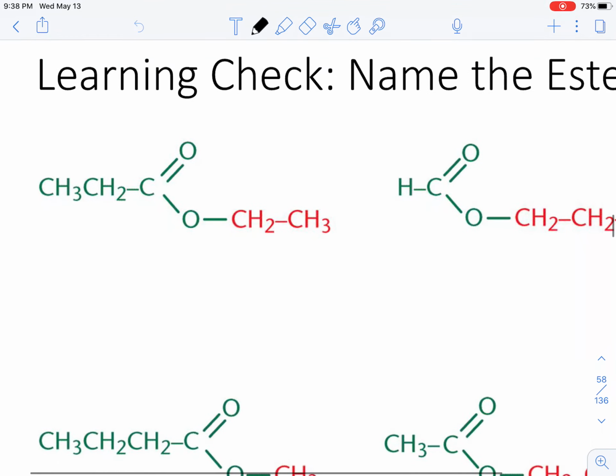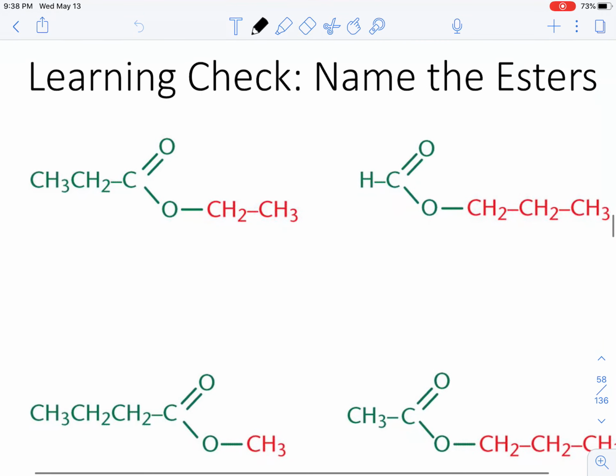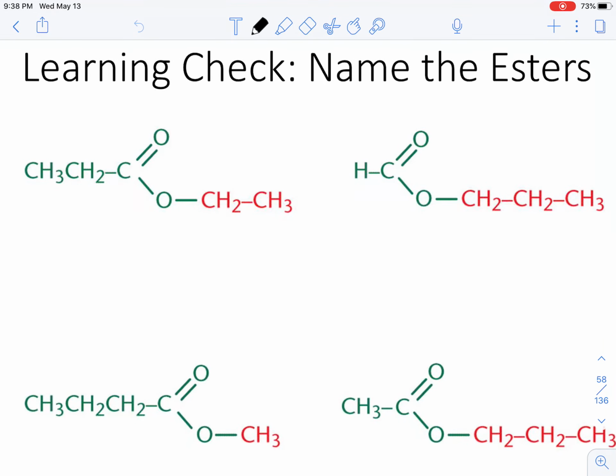So let's go ahead and go through how to name these esters. Notice that I've already marked in red the portion that's going to come from the alcohol. So we're going to name this first. Since this is a 2-carbon compound, this is going to be ethyl.